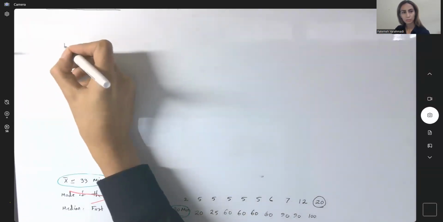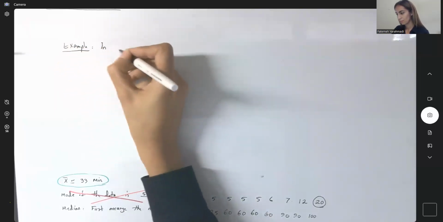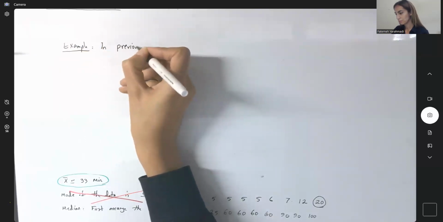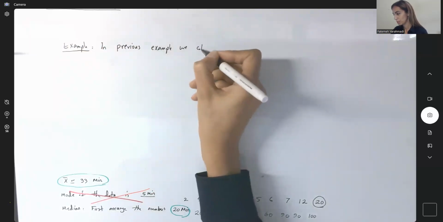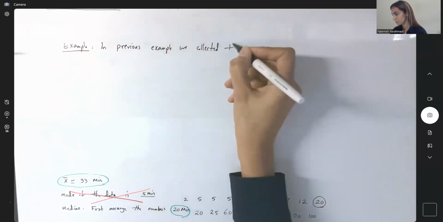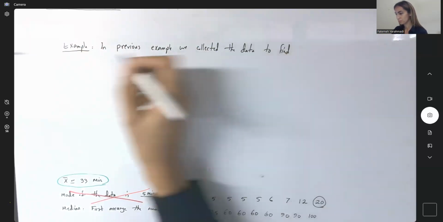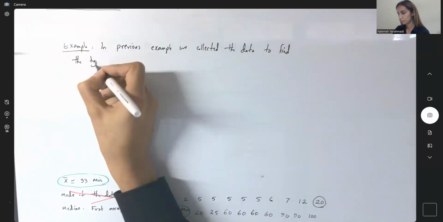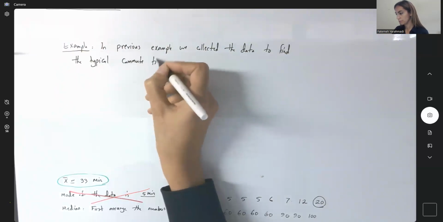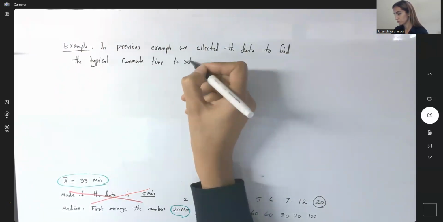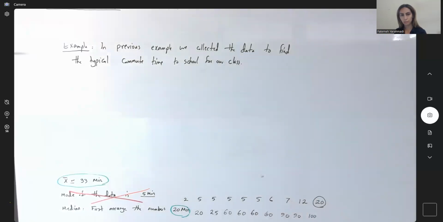In the previous example, we collected the data to find the typical commute time to school for our class.